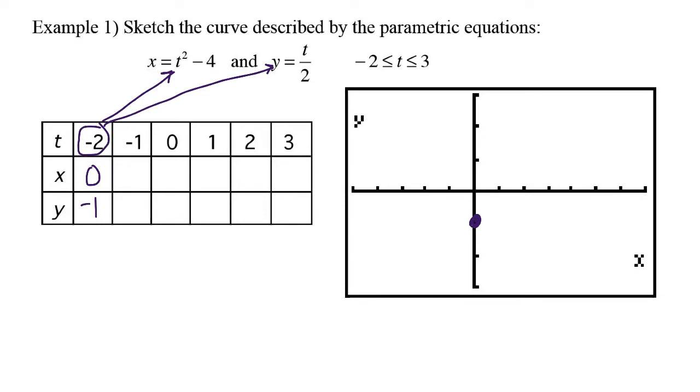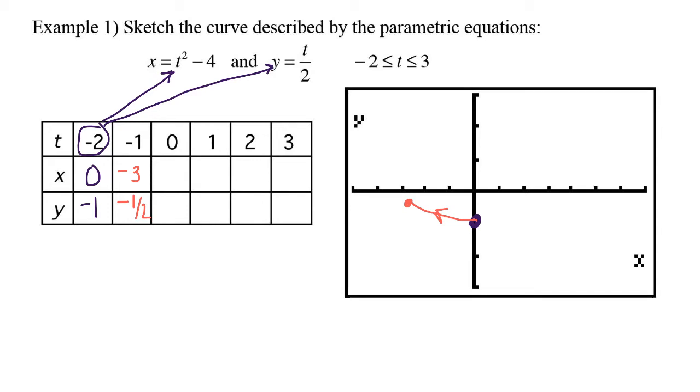And then we move on to the next point. We're plugging in -1. And if I plug in a -1, I should get -3. And I'll get -1/2. So that's going to give me another point. So I go over -3, down 1/2, and so I have part of my curve here starting, and we would draw an arrow on that to note the direction.